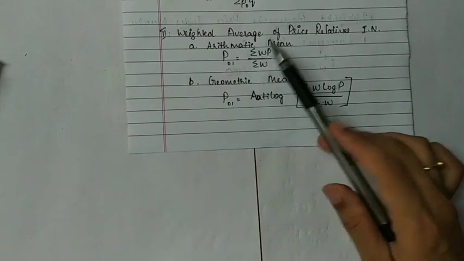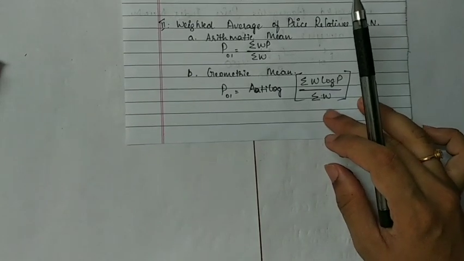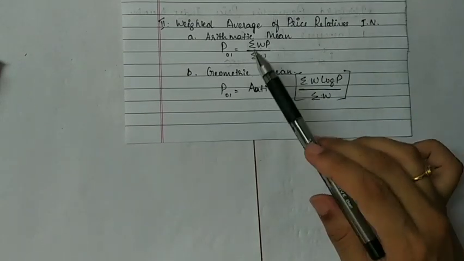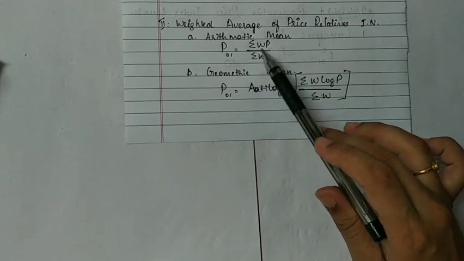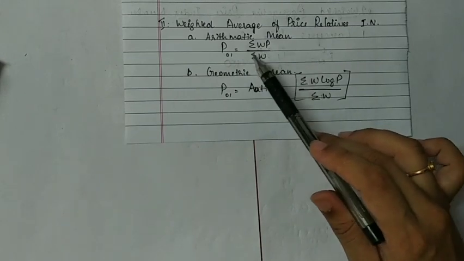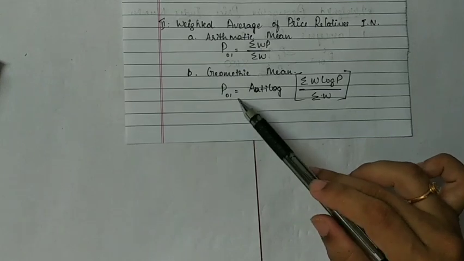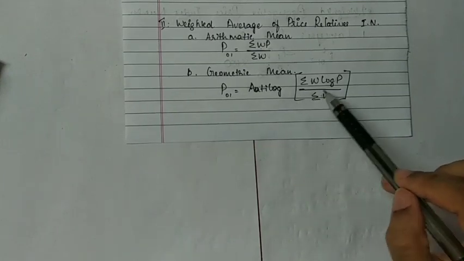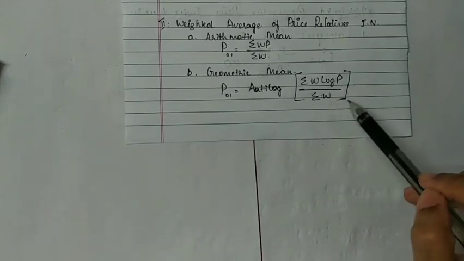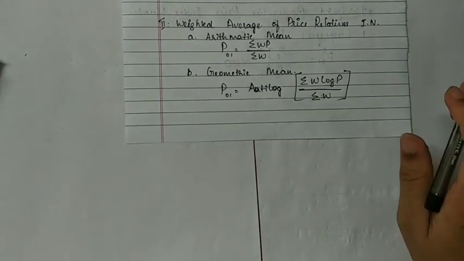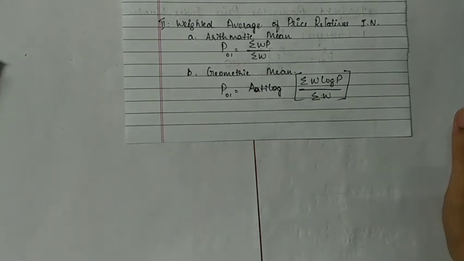Since weight is given, you all know that, right? What is weight, isn't it? So arithmetic mean, how to calculate? P01 is equal to summation WP divided by summation W, and when it comes to geometric mean, P01 is antilog of summation W log P divided by summation W. Learn all the formulas by heart.